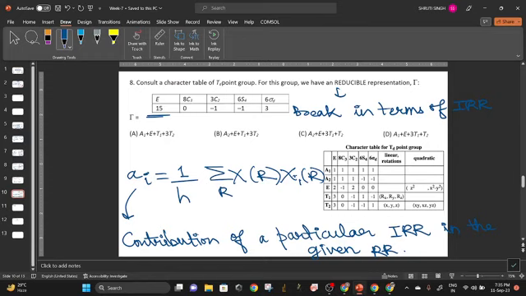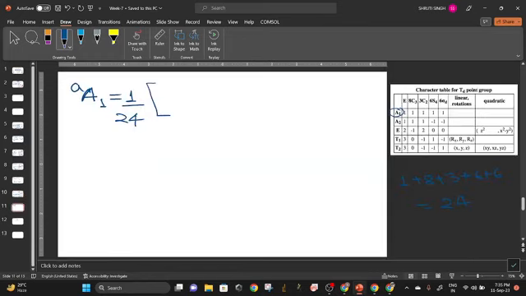It's like basic math: instead of writing 1 plus 1 plus 1 plus 1, we can simply write 4 times 1. So summation can be written in terms of multiplication. Otherwise, we would have to write the characters for C3 8 times.